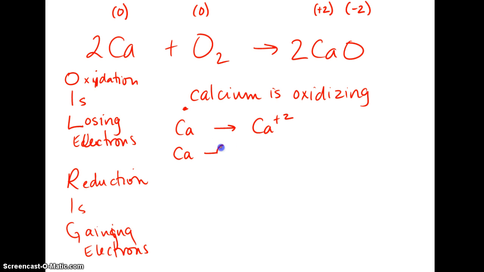And the way that I like to do that is pretend I have a hand that can throw electrons. So calcium is losing its 2 electrons, it's throwing away its electrons. So we would look at it this way, that it's thrown its 2 electrons out, so you have calcium +2e. We call this a half reaction.